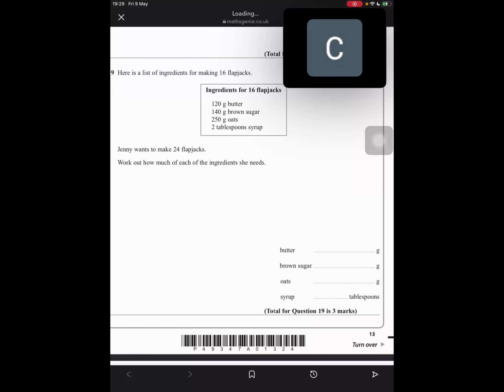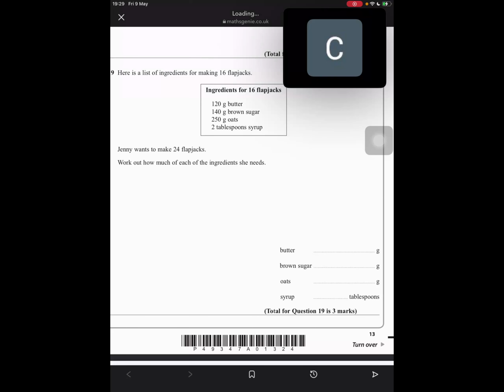Let's take a look at the thing critically. It says for 16 flapjacks, we need 120 grams of butter, 140 grams of brown sugar, 250 grams of oats, and 2 tablespoons of syrup.